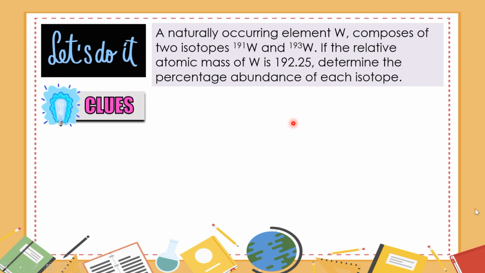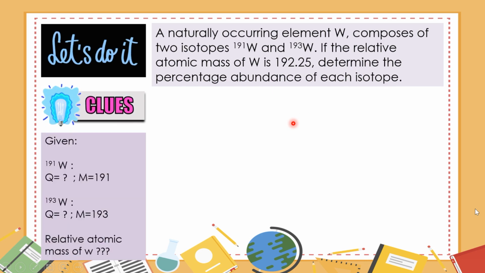Right, so first of all, we take out all the information given. For W-191, we have only the information about the isotopic mass, 191, based on the nucleon number, as we know that the nucleon number is equal to the mass number.